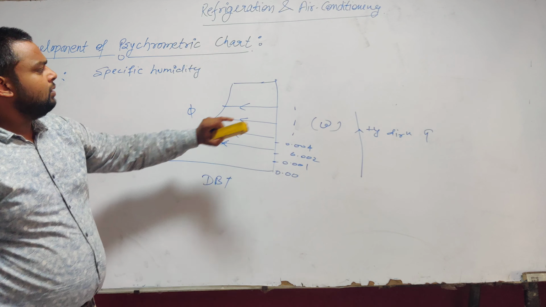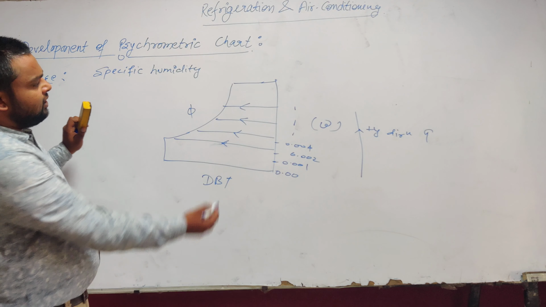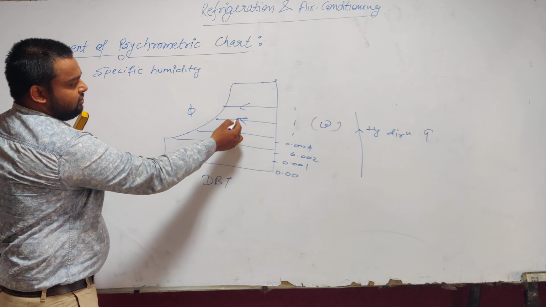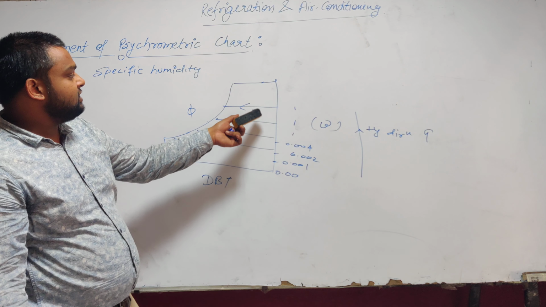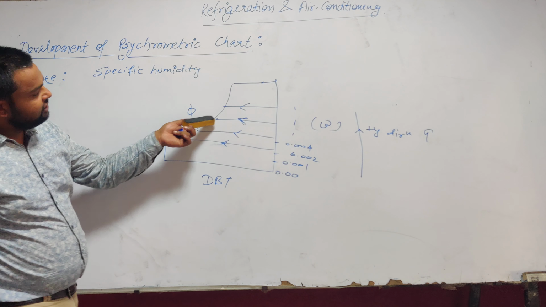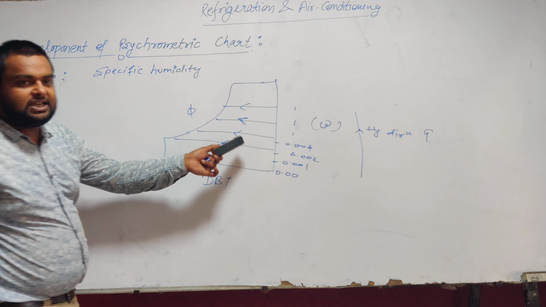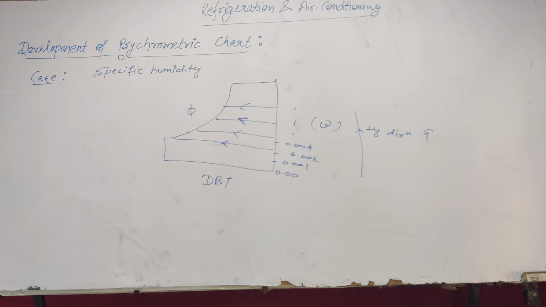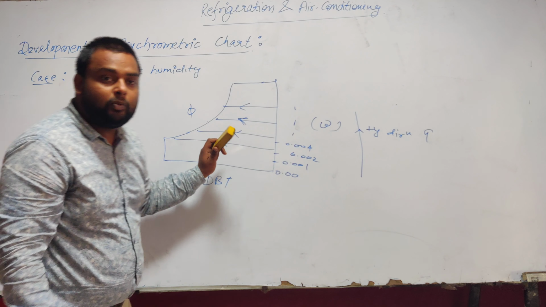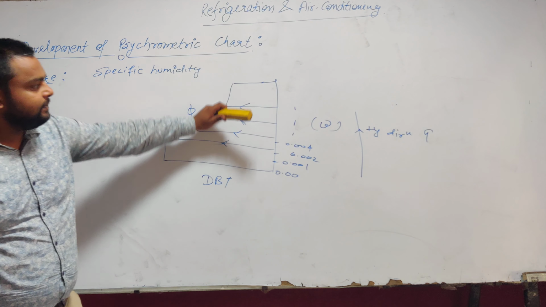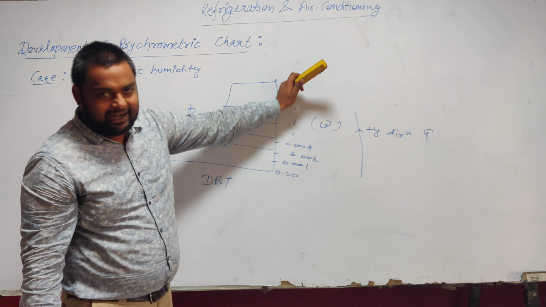These lines move toward the saturation curve. See the arrow? These lines move towards the saturation curve. They are also uniformly spaced lines, increasing in the positive y direction.